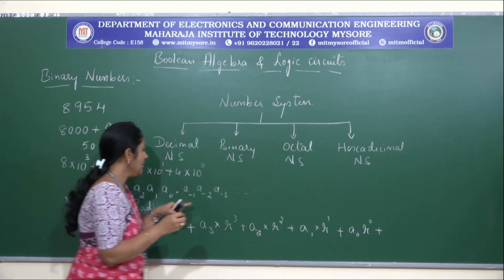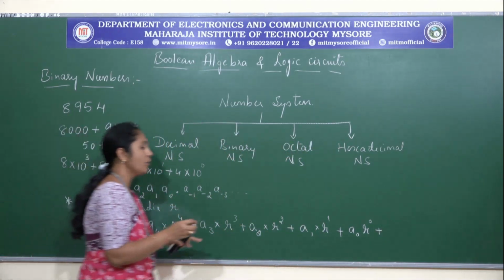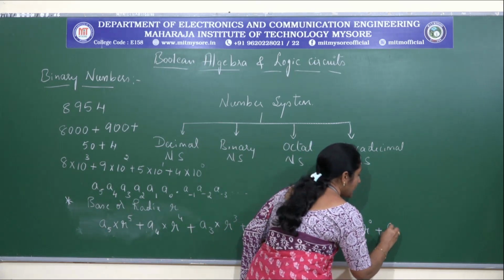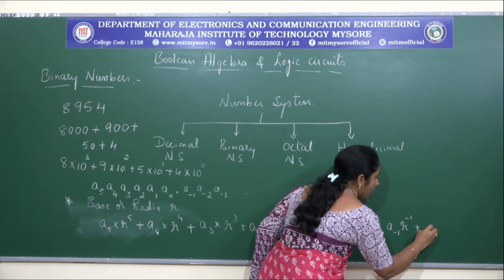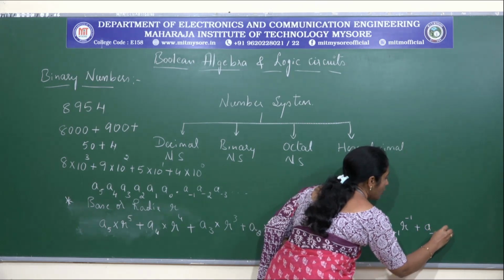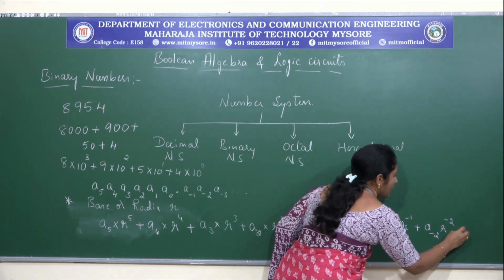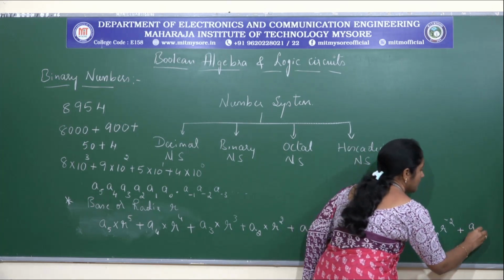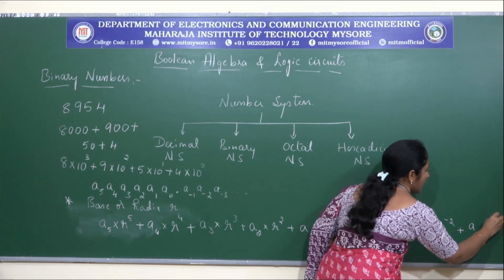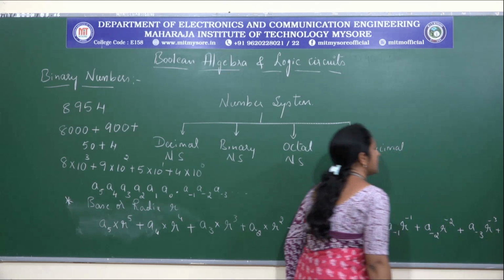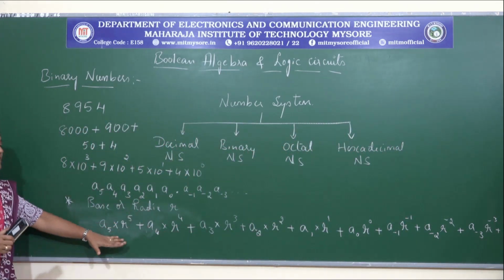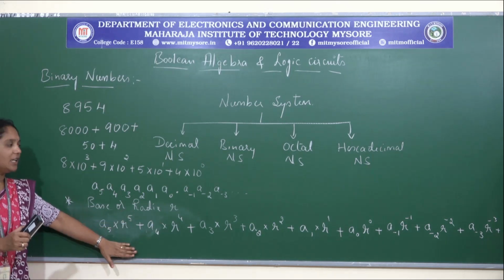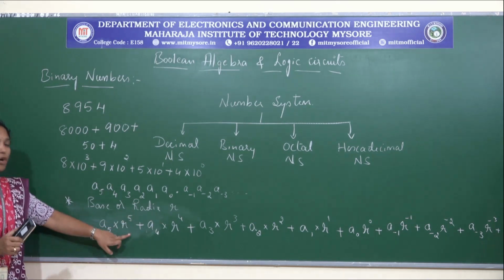We also need to represent the numbers after the decimal point. They are represented like this: A minus 1 into R power minus 1 plus A minus 2 into R power minus 2, A minus 3 into R power minus 3, etc. So this is the general format for representing any number in terms of its coefficients.